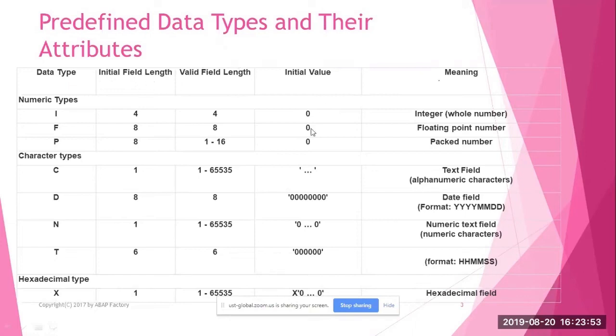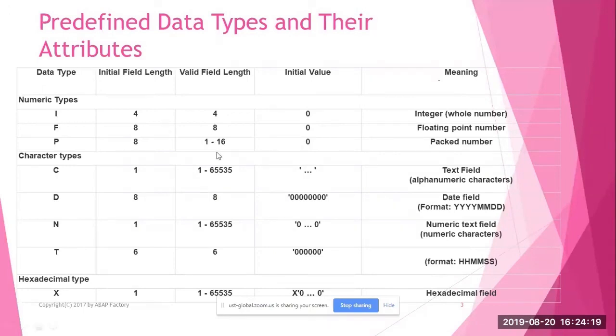And if you see these three columns, what are these three columns saying? This is the initial field length. That means as soon as you define a variable referring to this integer type, what is its length? It will have 4 bytes.